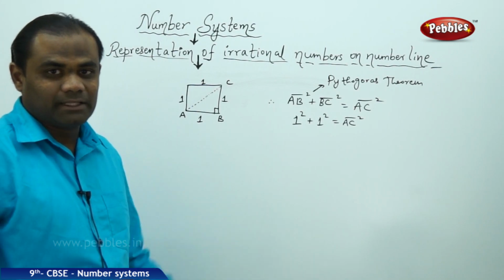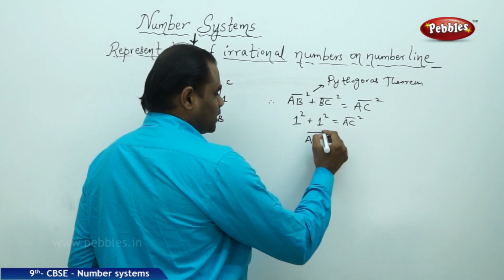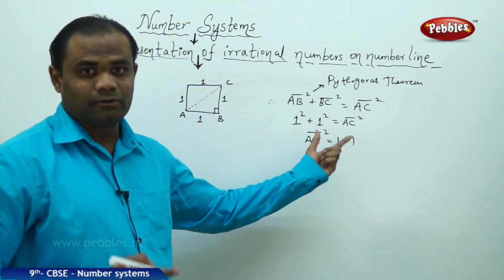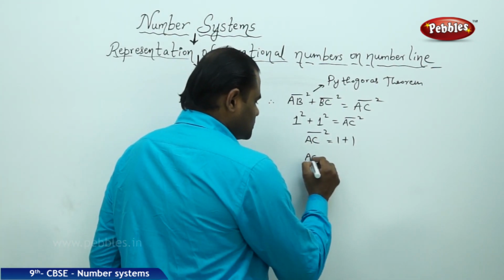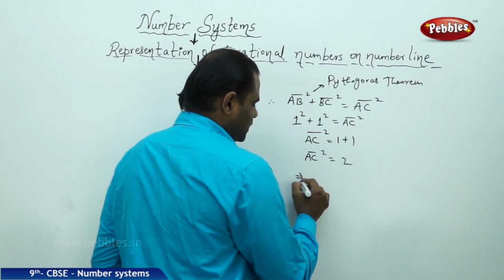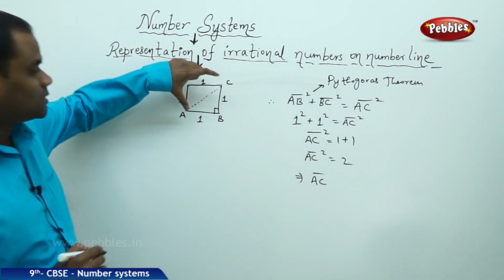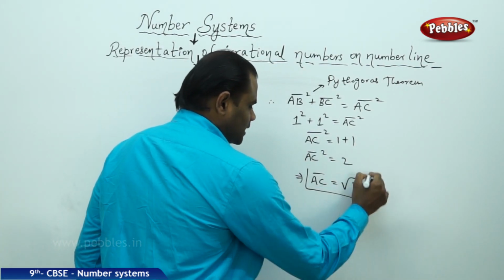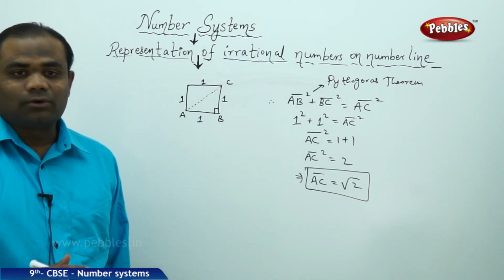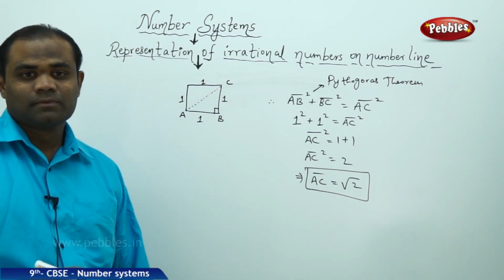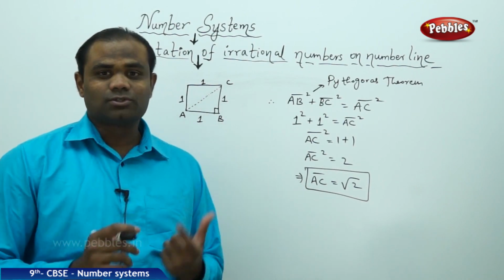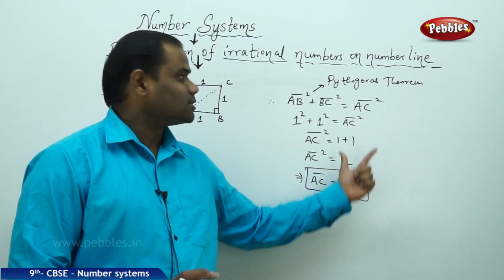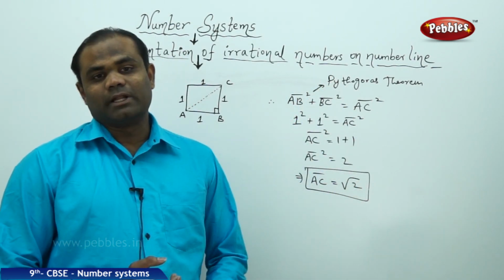Now when I simplify this, I get AC square equals 1 square, which is 1, plus 1 square, which is 1, which on adding up gives me AC square equals 2. That implies my length AC, which is the diagonal of the square, equals root 2. This is how I get root 2 out of 1 unit of the square. So this dimension of the diagonal being root 2 is what we utilize in representing root 2, an irrational number, on the number line.